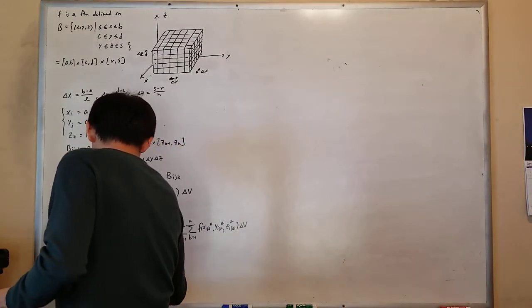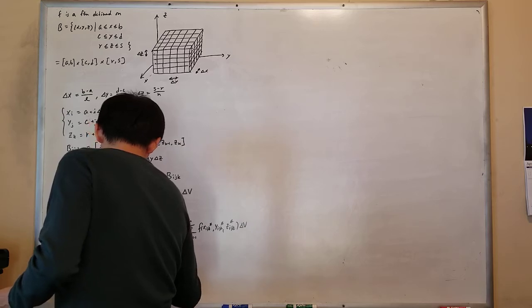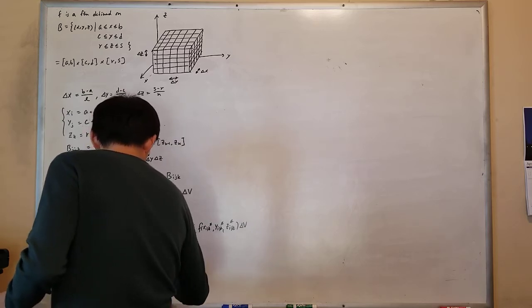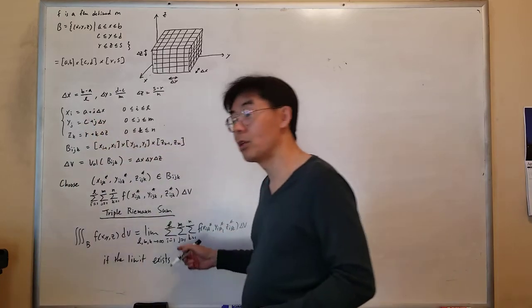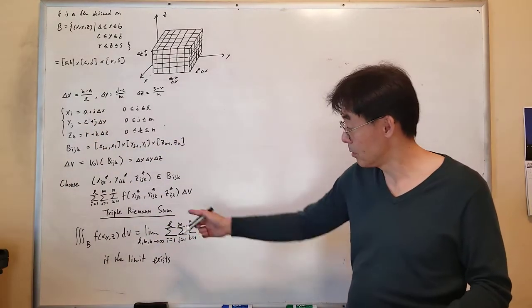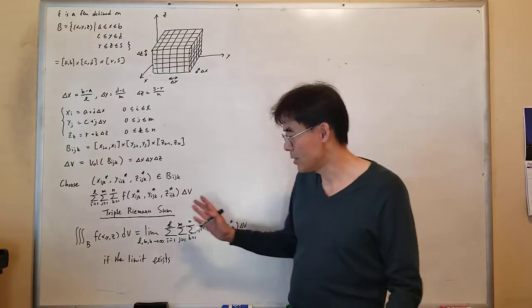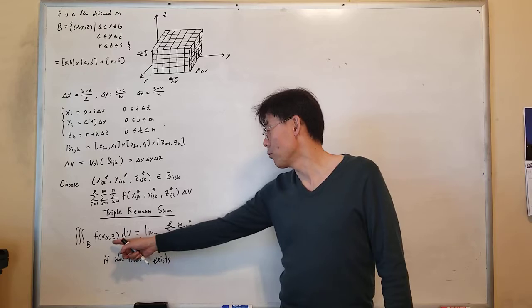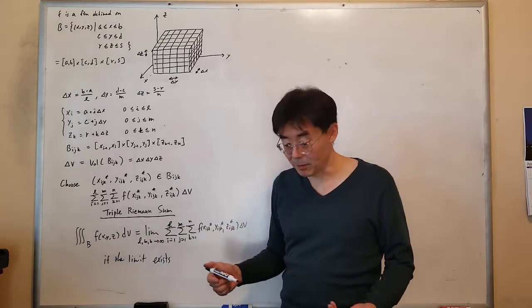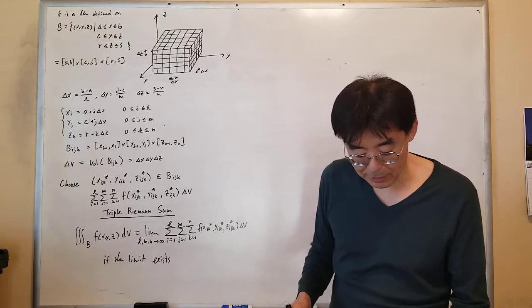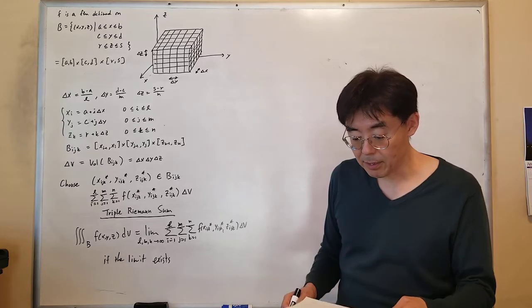If the limit exists, we call the function f integrable over box B. So it's the same idea as the double integral. You just have one more variable, one more dimension. That's all. It's a natural extension.